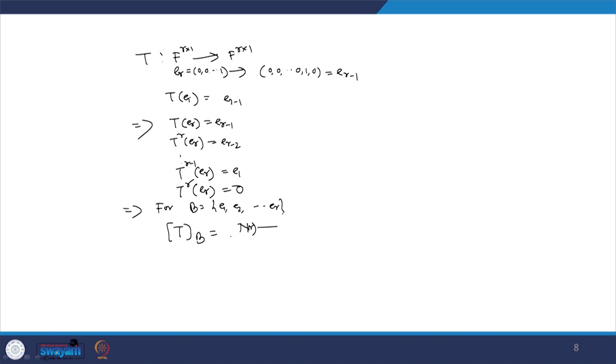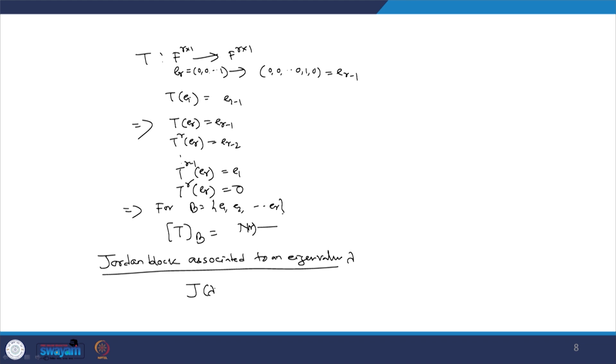And let me also define another matrix that is called the Jordan block associated to an eigenvalue lambda. Let me define these ones. The Jordan block associated to an eigenvalue lambda, I am defining like this, J_lambda.